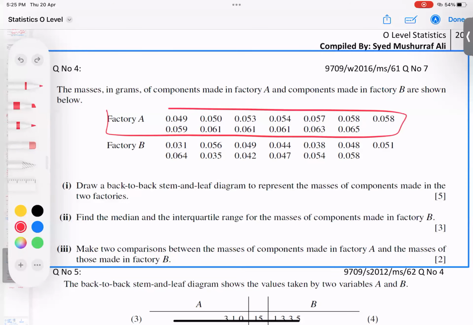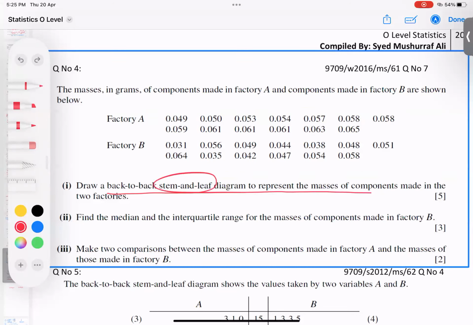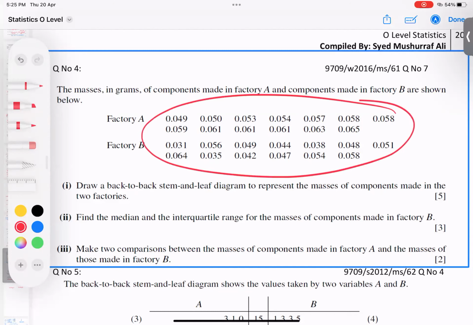Factory A data is mentioned here and factory B data here. So a back-to-back stem and leaf diagram is our target. It did not mention which side factory A is on, right or left. It's 5 marks. So let's see the smallest and largest value among the whole data.